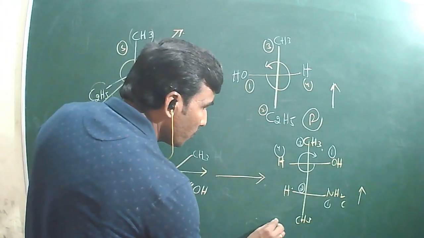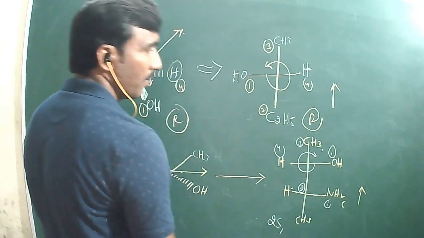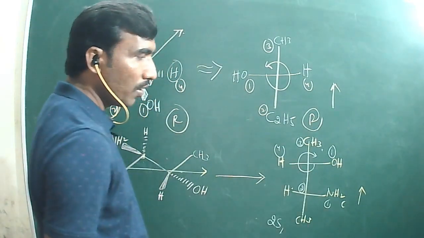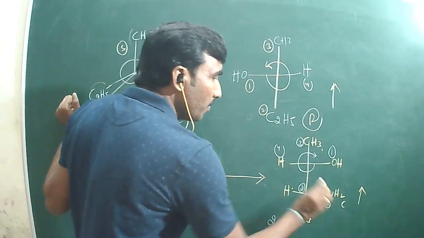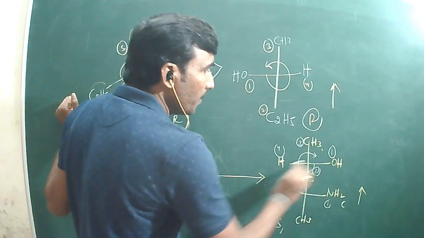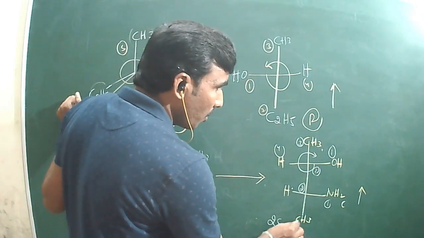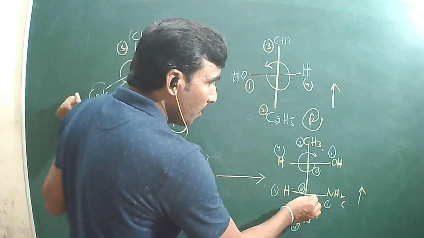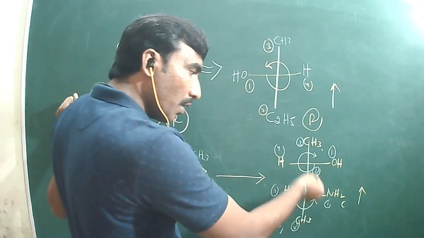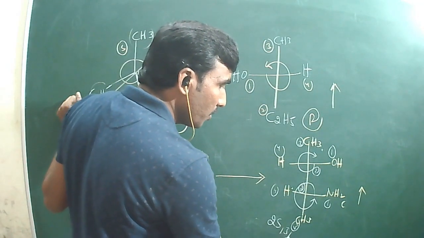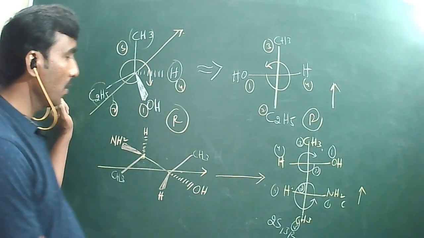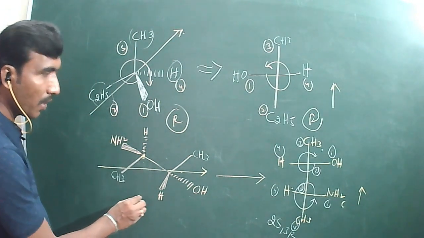So what should I give? 2S. It is the second carbon atom or not? 2S. And here the first priority, this entire group is second priority, third priority and fourth priority. 1, 2, 3 anti-clockwise, but I should give R. What do I give here also? I give 3R, 2S, no.